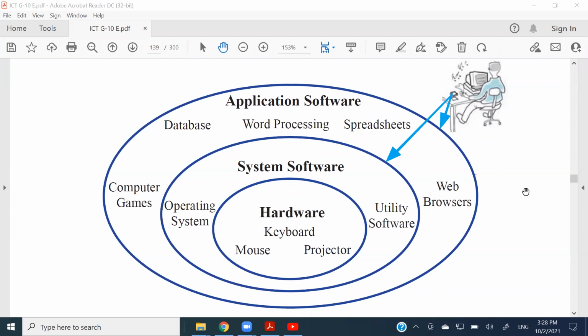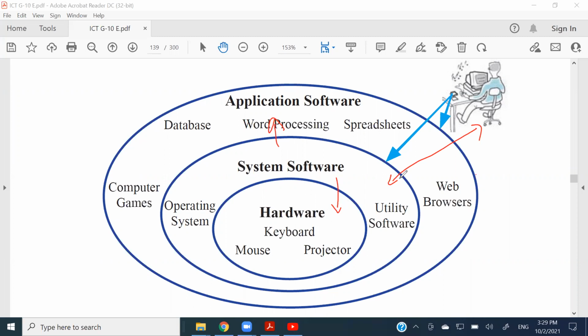This diagram explains that system software interacts with the application software as well as the hardware, so it works as an intermediary. System software will also directly interact with the user, right?